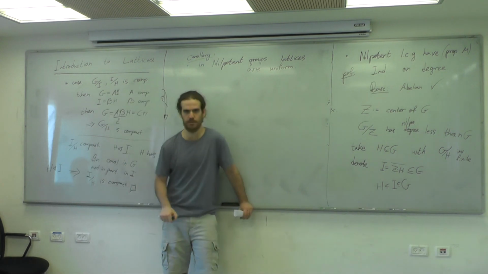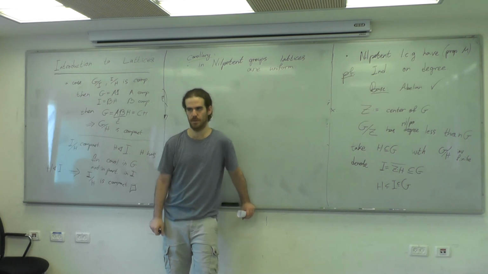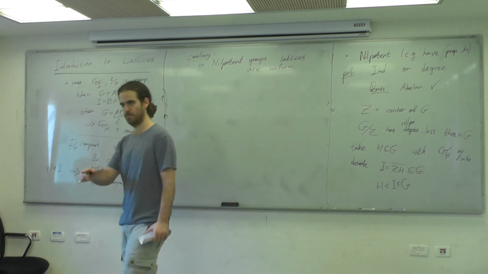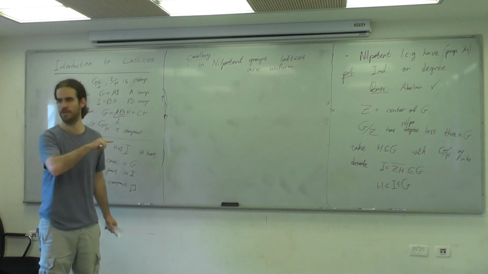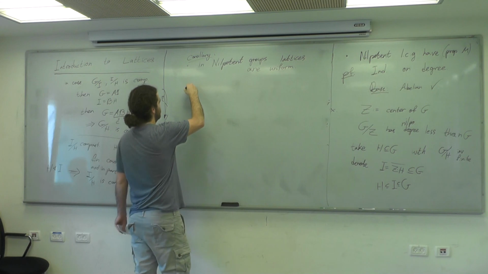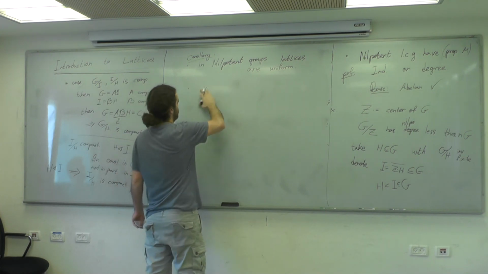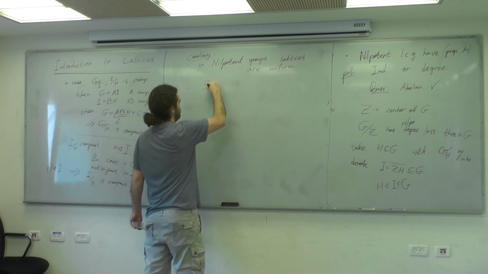Originally it was a theorem by Mostow that for solvable Lie groups, each of their lattices is uniform. So just wanted to mention solvable Lie groups.